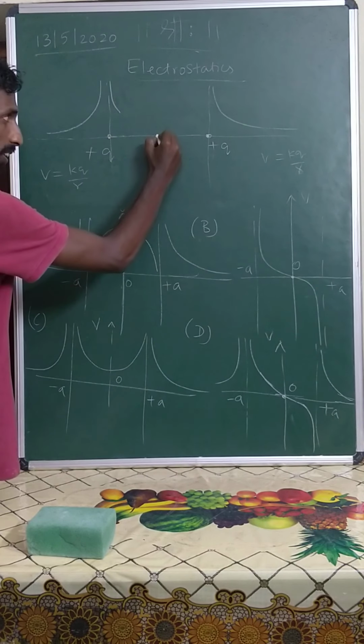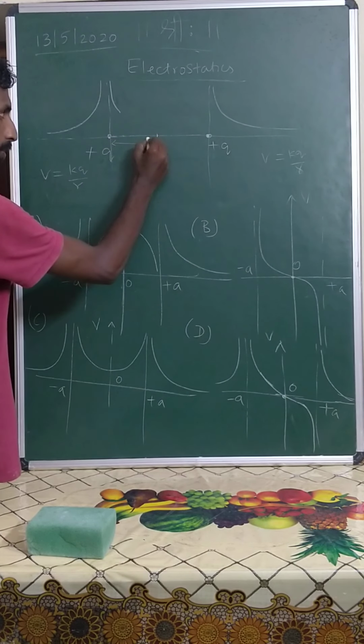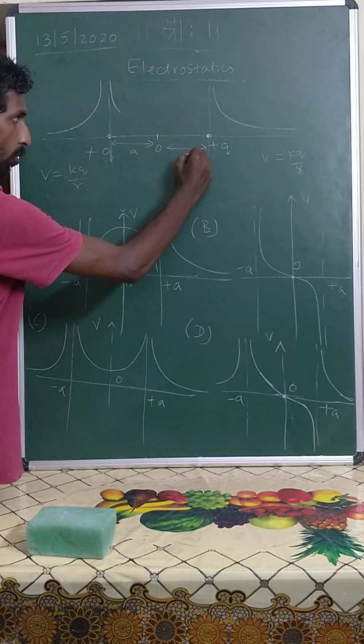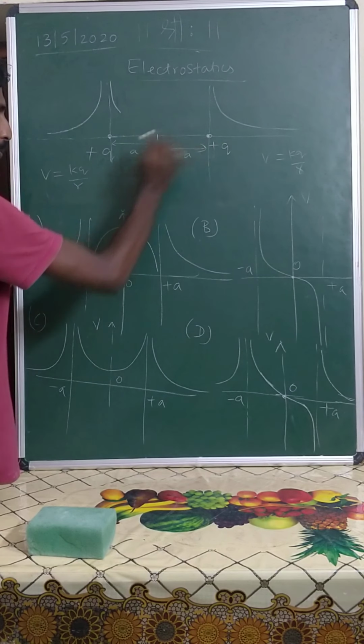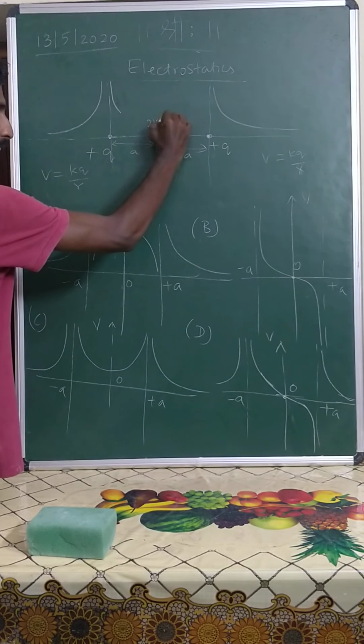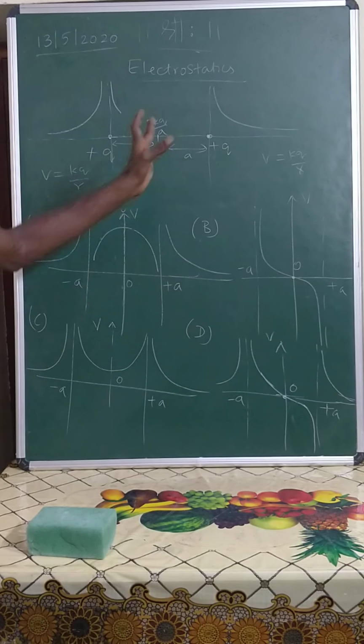At the center, the origin, they are at equal distances A and A, so the potential will be kq by A plus kq by A, which is 2kq by A. It is a finite value, it won't be 0.